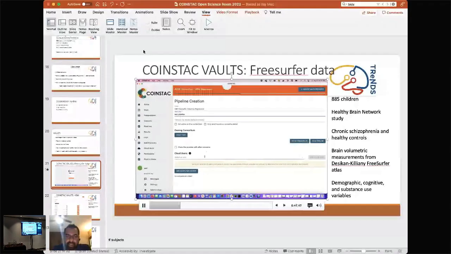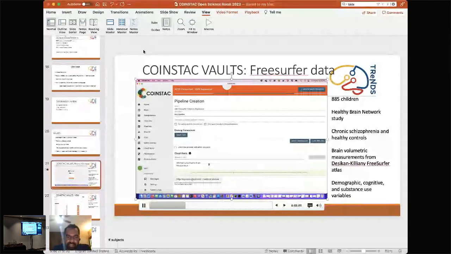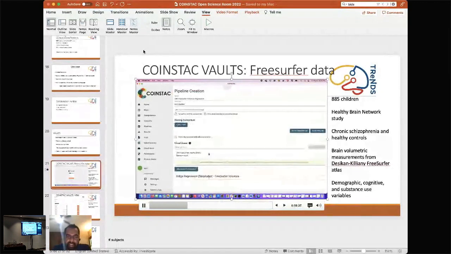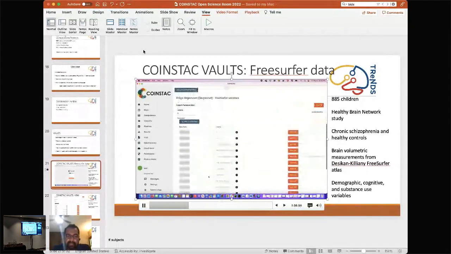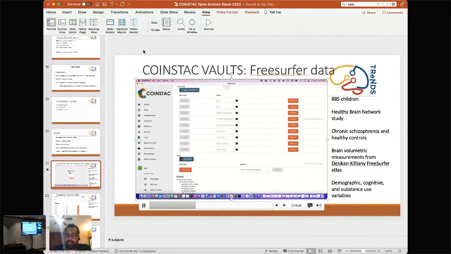And we are selecting that vault data now, and we are going to run a ridge regression on that dataset. And these are all the measurements that we have, assessment data that we have for them. And users can select if they want to include some of them or remove some of them.